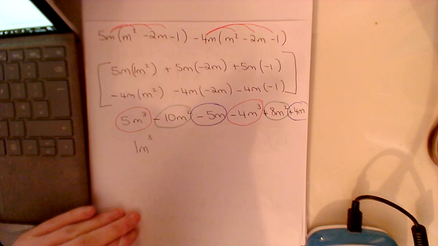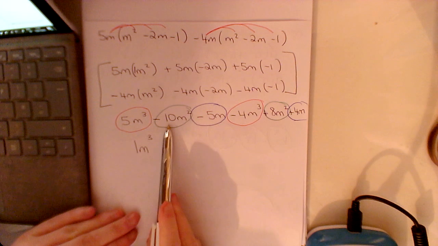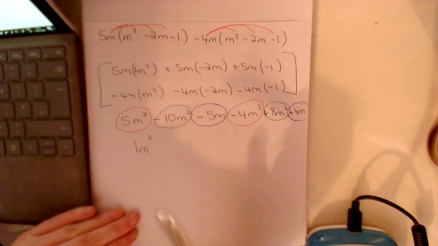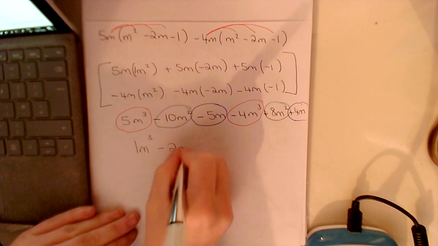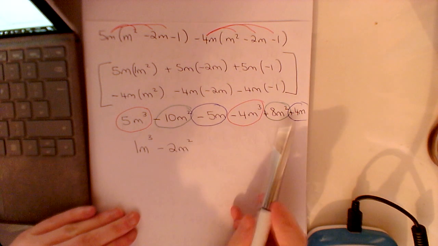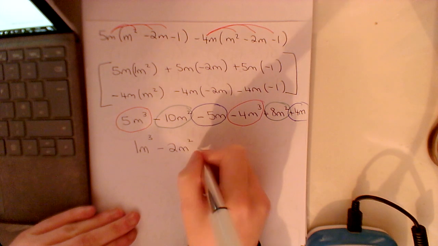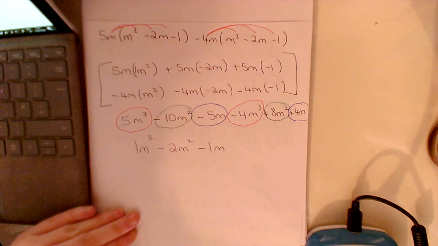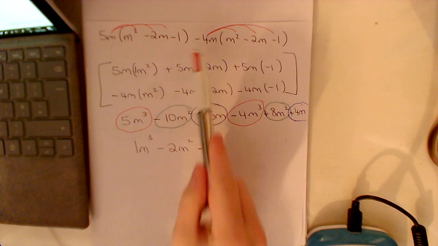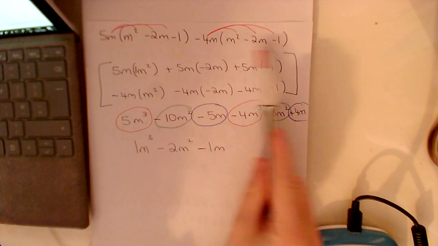And here I have minus 10m squared, and that's plus 8m squared, so I'm left with minus 2m squared. And then my m's, I have minus 5m plus 4m, I have minus 1m. So I think there are a lot of people who need to just be careful with their signs, okay? So if I have a minus here, that minus is multiplied the whole way across, not just the first term.